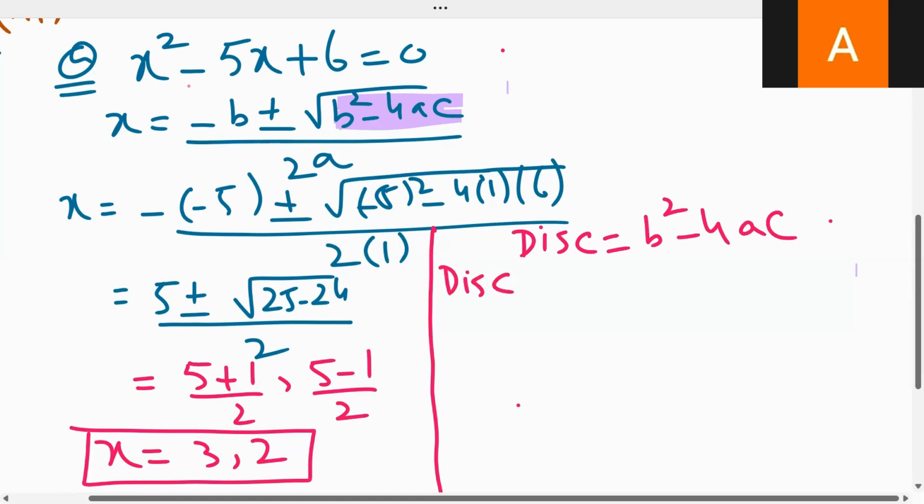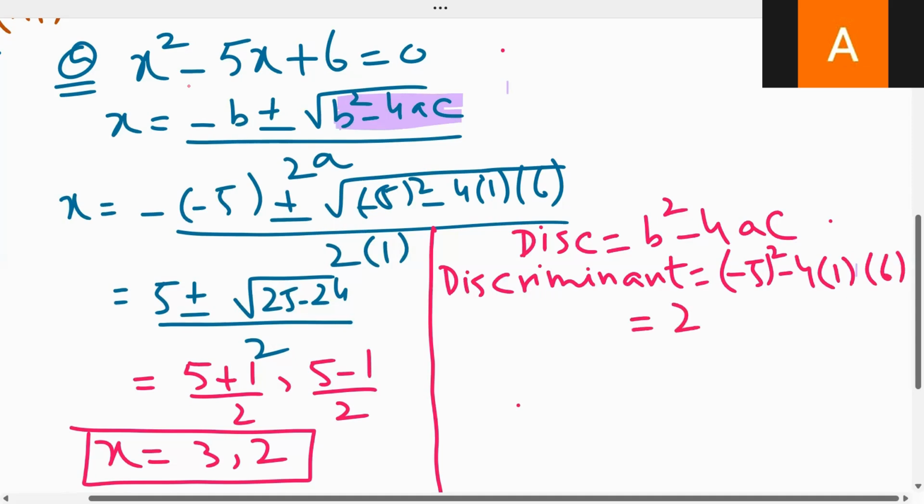Let me write the full spelling of discriminant. The value of b is minus 5, a is 1, and c is 6. When you solve it, your answer is 25 minus 24, which is 1. And 1 is a positive value.